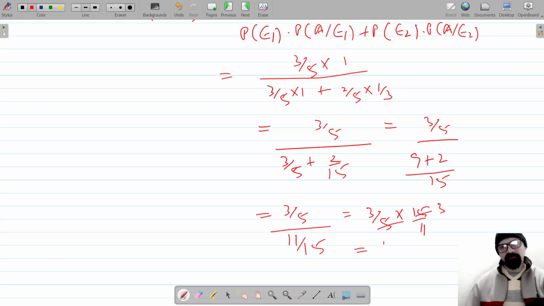So 5 3 that is 15, and the required probability is 9/11. So 9/11 इसका आंसर है.